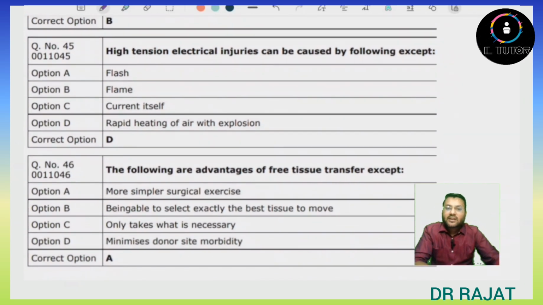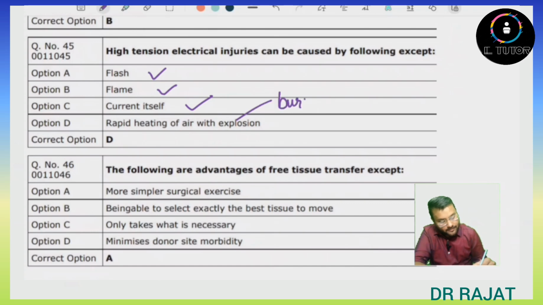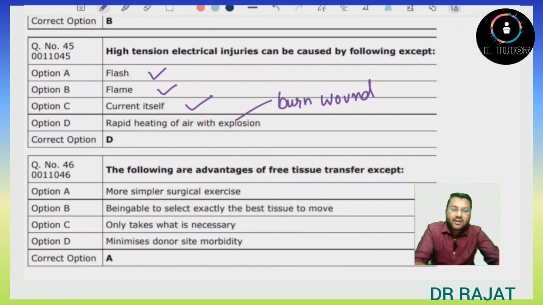High tension electrical injuries can be caused by following except. So it can be caused by flash. This is true. Flame. This is also true. And current itself, yes, it will cause electrical injury. And rapid heating of air with explosion. So rapid heating of air with explosion during the electrical injuries can lead to burn wound, but not directly the high tension electrical injuries which will affect body.